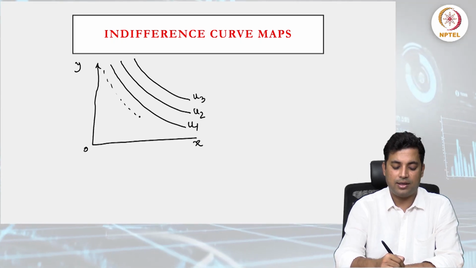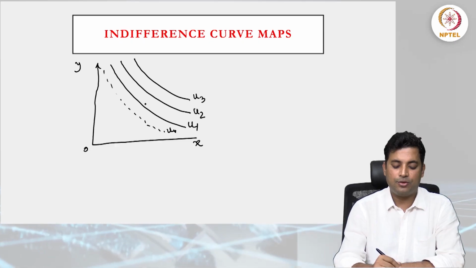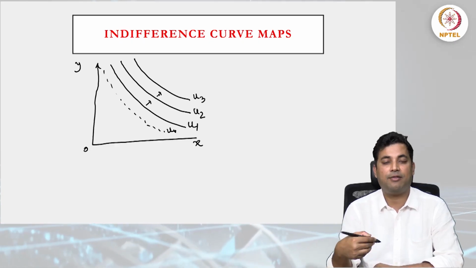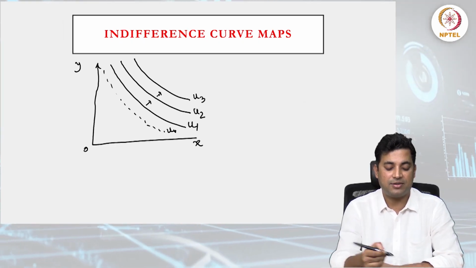Here we can also get another level, say u4. So as we move up we get a higher level of utility, which means a higher level of satisfaction.